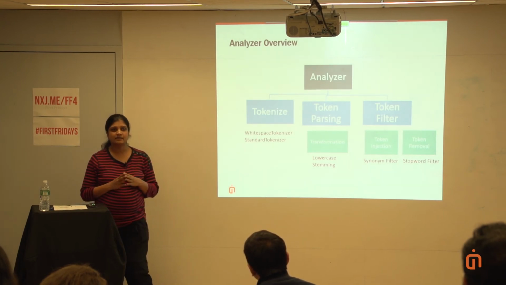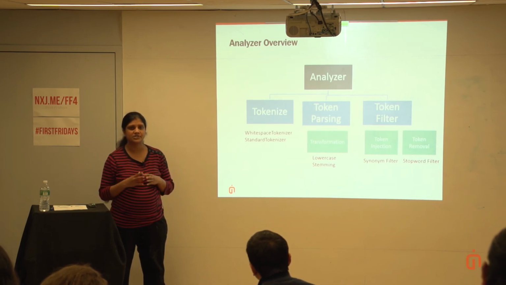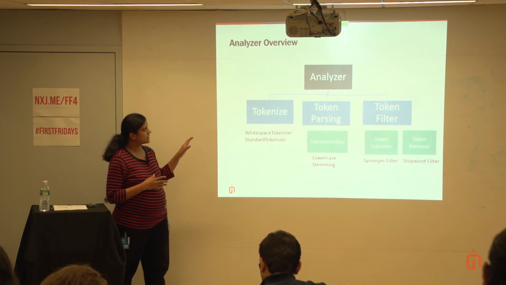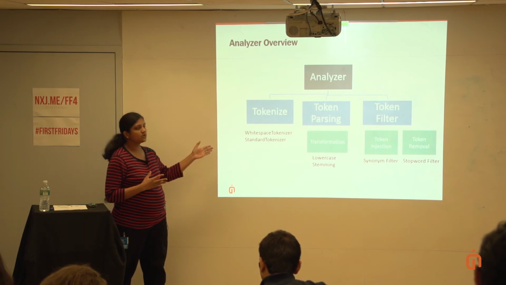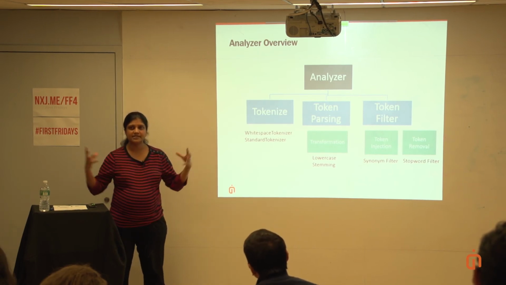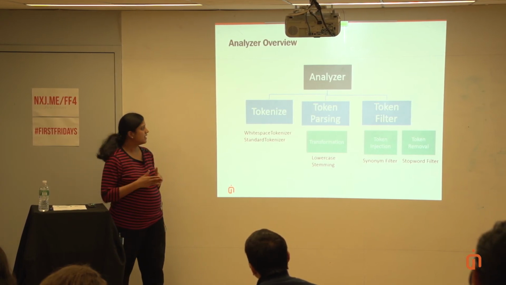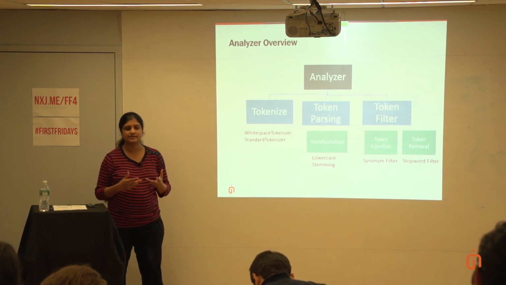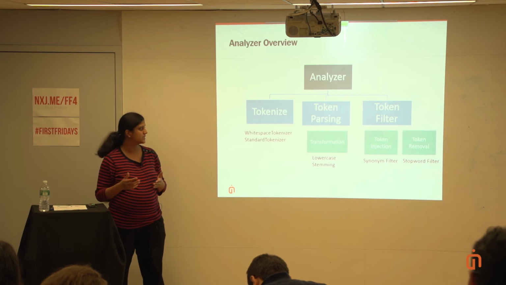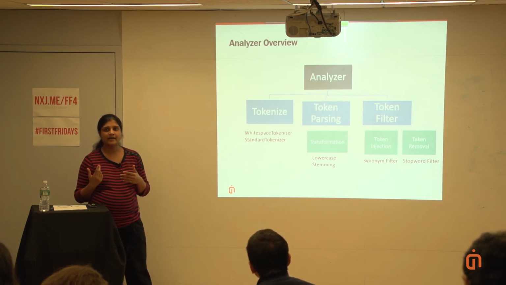So with text analysis, I want to share at a high level what happens and what things one has to be aware of. There are three important things an analyzer does in the text analysis phase. First is the tokenizer. In simple terms, it takes, let us say, a paragraph of text and tokenizes it into simple terms or words. You can use different types of classes, the basic ones like the white space tokenizer, which just splits terms by white space, or a standard tokenizer which comes built in with SOLR and offers a bunch more features than just white space.